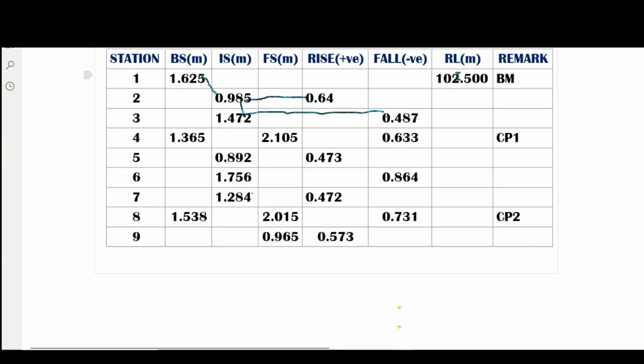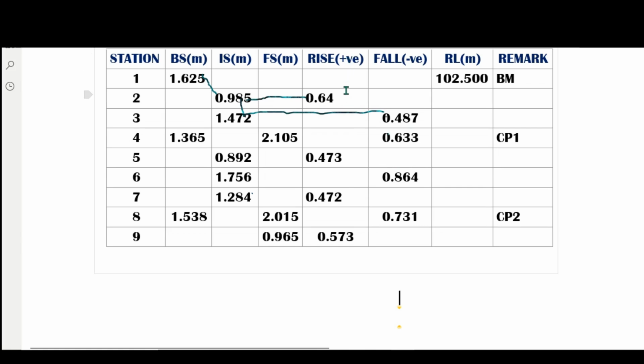How are we going to determine this reduced level here? Look at it. There are numbers here in rise and fall, and they have signs. This one is plus.